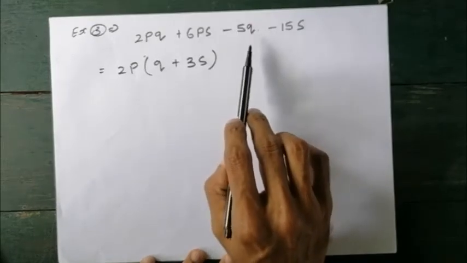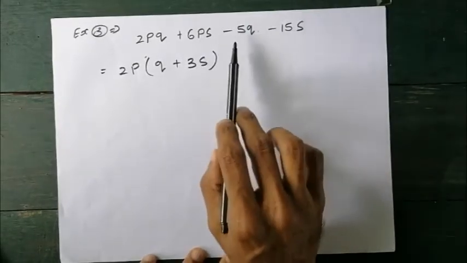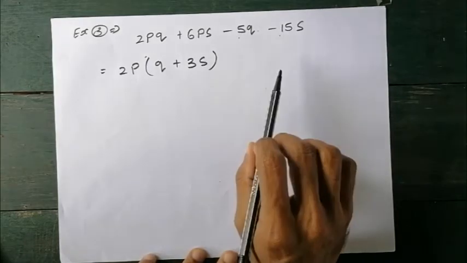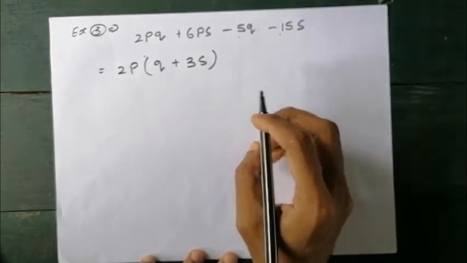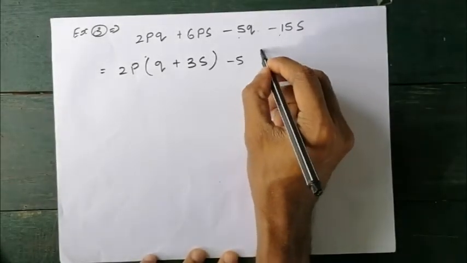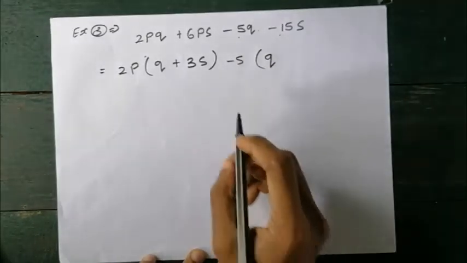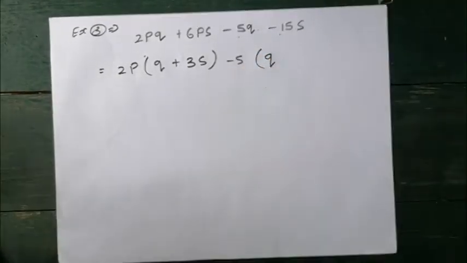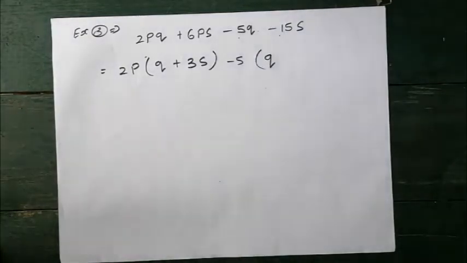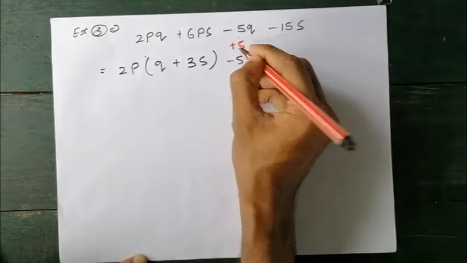So what is the common term? Minus 5, minus 15. So minus 5 is common. Minus 5. So the result is q. If you take plus 5, the result is not the same.